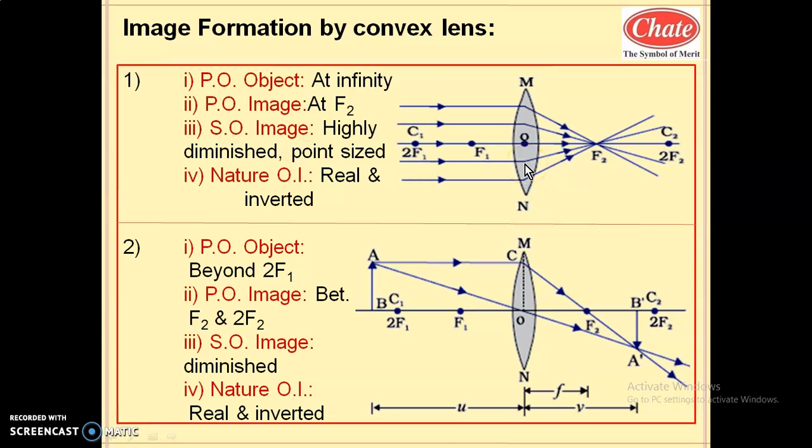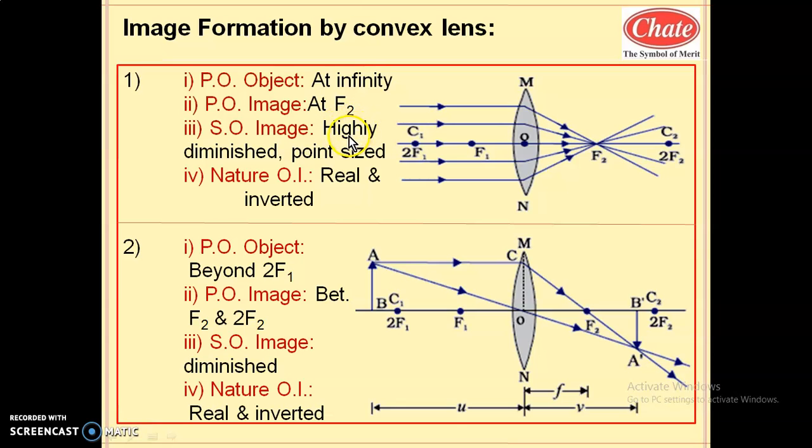Align the scale from this middle of the lens to the focus and extend it. In this way you can complete the diagram. So all these rays which are incident parallel to the convex lens, on refraction will converge at the focus. This focus is F2.